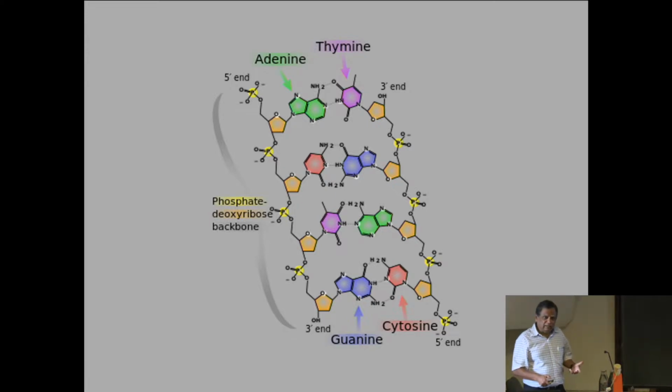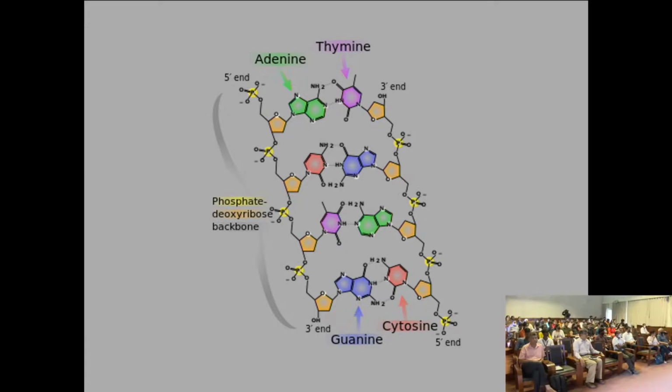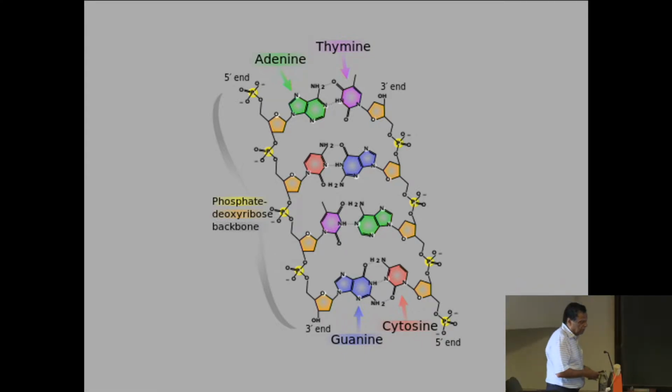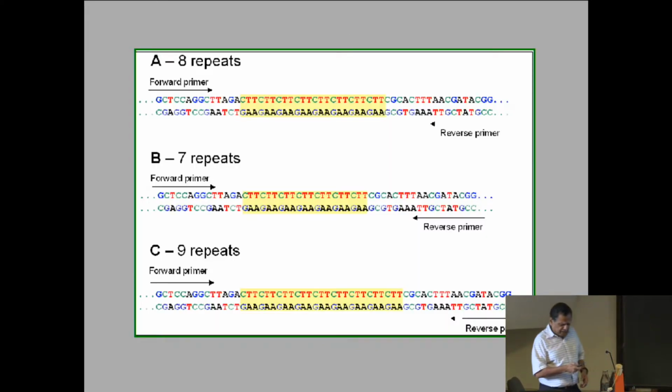Our DNA in our cells is 3000 megabases, right? So that's 3 billion base pairs. So that's a lot of DNA. And in this DNA, there are some interesting sequences which are called simple tandem repeats. So basically, consider this DNA sequence here.